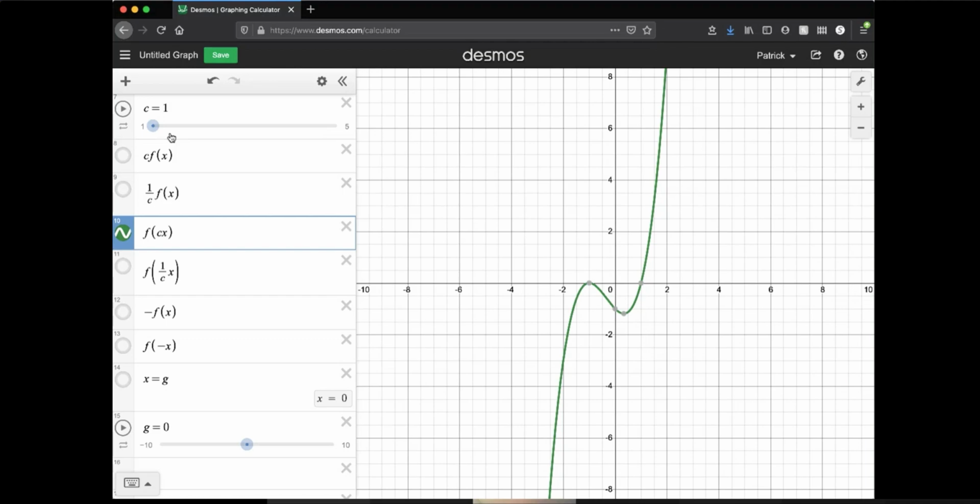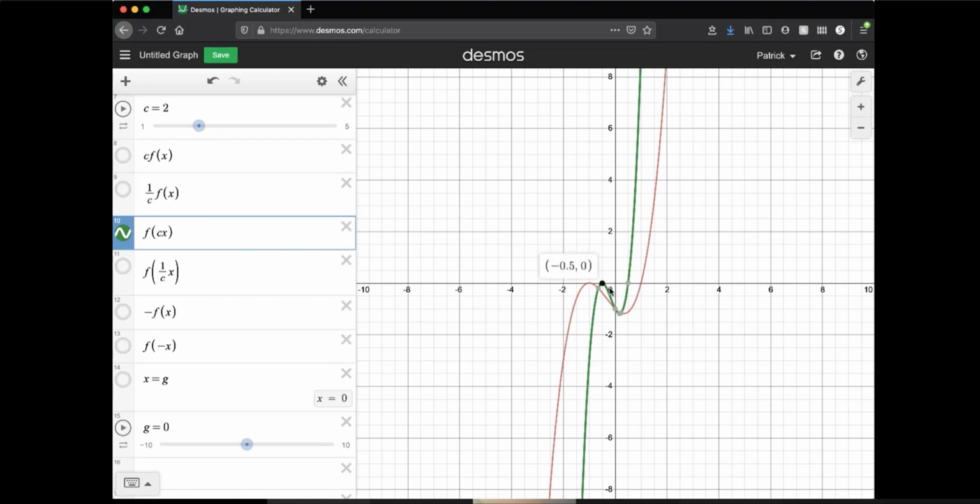And if we multiplied by a number that was greater than 1 on the outside, we got a stretch. The opposite thing happens when the number's on the inside. So as C gets larger, notice how this thing is getting squished horizontally towards the y-axis.